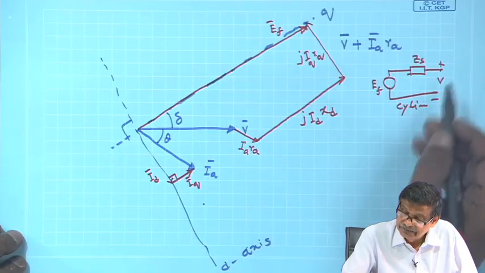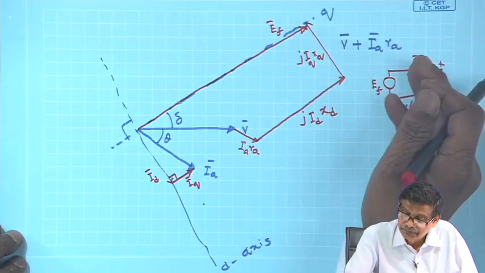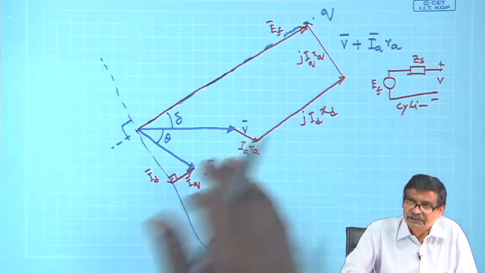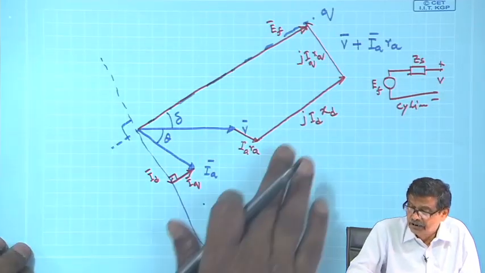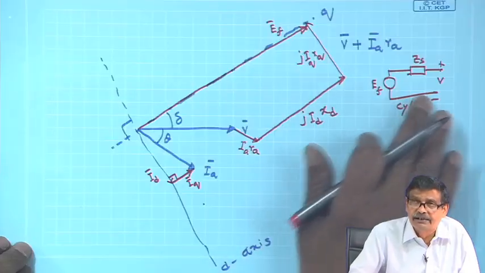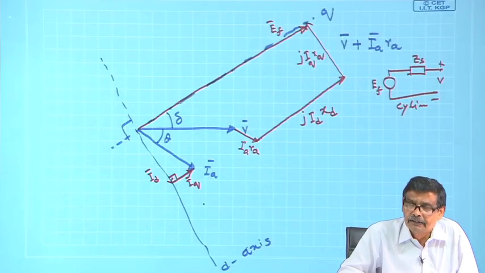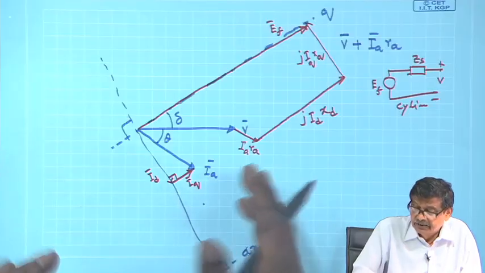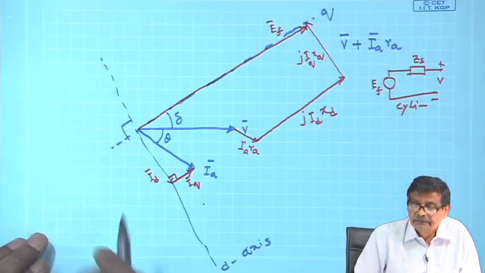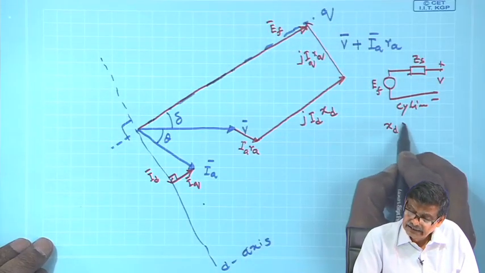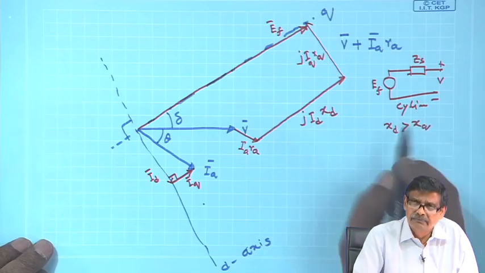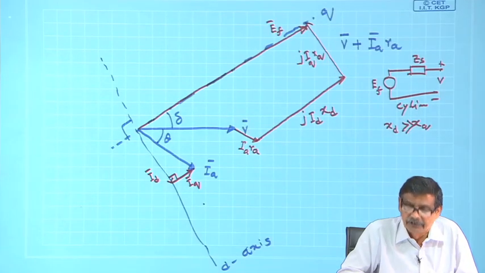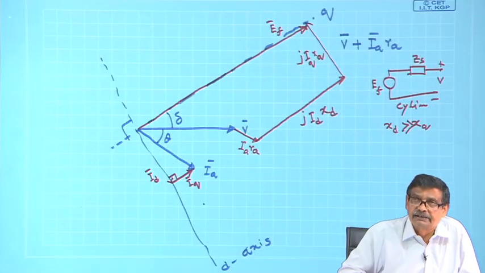But here, between V and E f, I cannot put a single reactance to get this sort of equivalent circuit. In fact, we will not try to get this sort of equivalent circuit at all, it will not be needed. You have to take I d, I q separately and get this, and X d is always greater than X q, maybe much higher compared to X q. R A is of course very small, but nonetheless this is the phasor diagram.